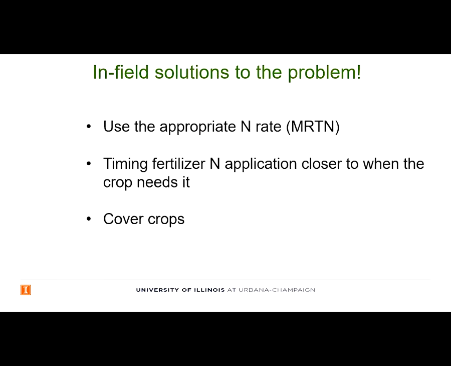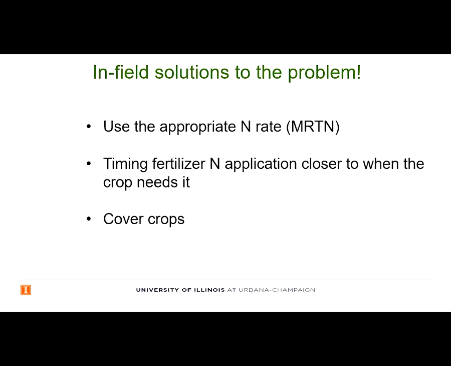So what can we do about tile nitrate? Well, first of all, we need to use the appropriate amount of N for corn. And that means we should use the MRTN, the maximum return to nitrogen, based on your area in the state and the price of corn and fertilizer.